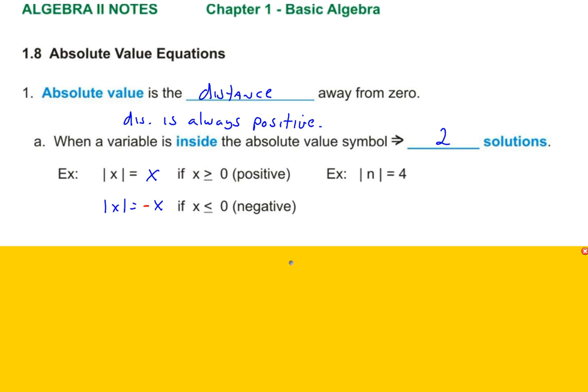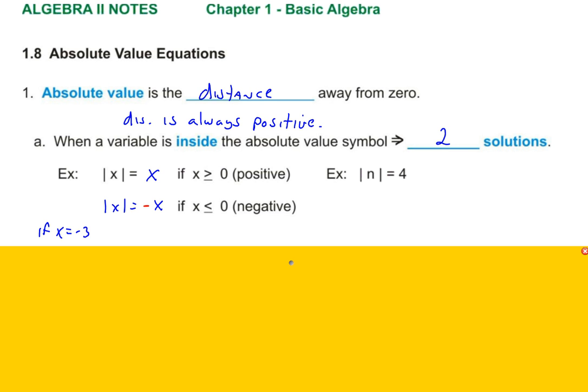If the value inside the absolute value is negative, then the other solution comes from minus that, because it's going to be minus to minus. Again, the thought here is, let's suppose x equaled -3.